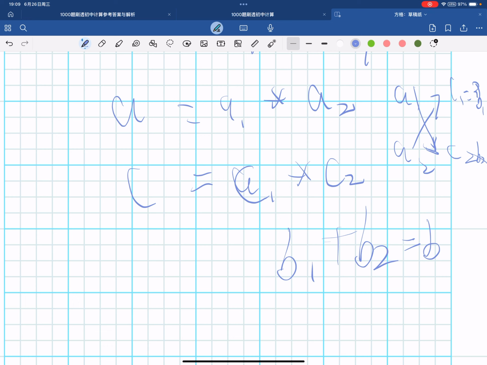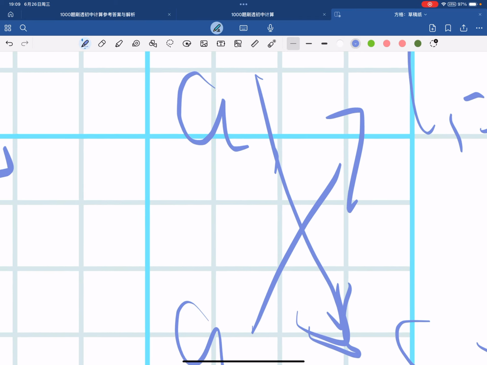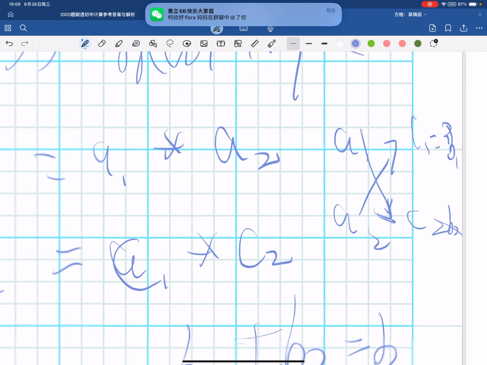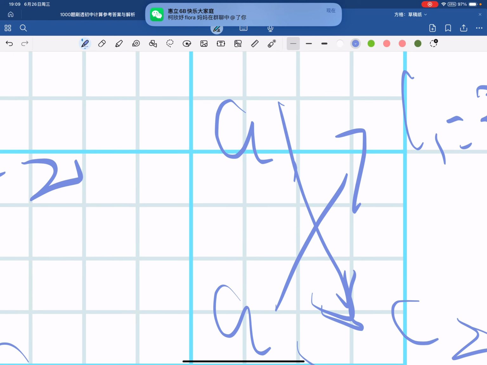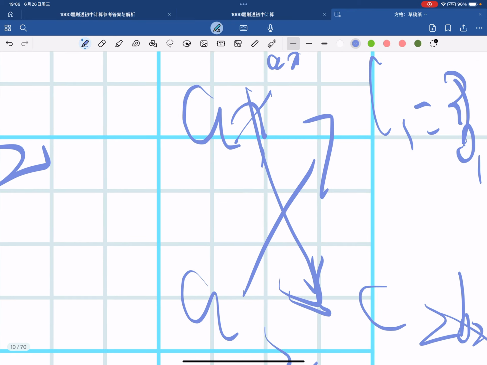Actually, we can put an X in each term of this sequence. For instance, we add an X here, AX. It depends on whether C1 is a positive or negative number.